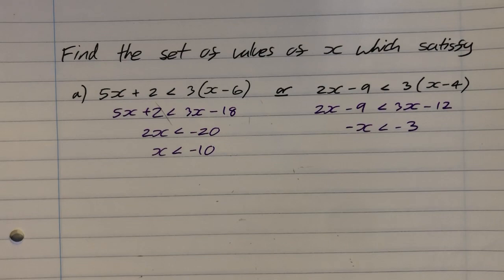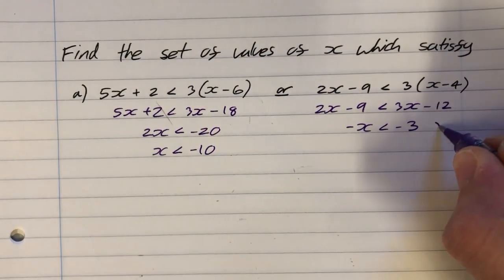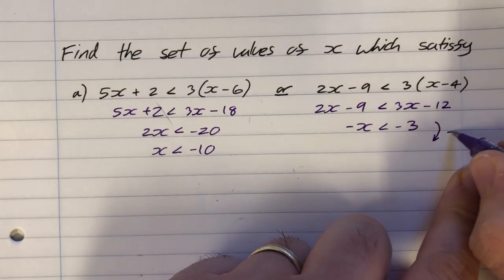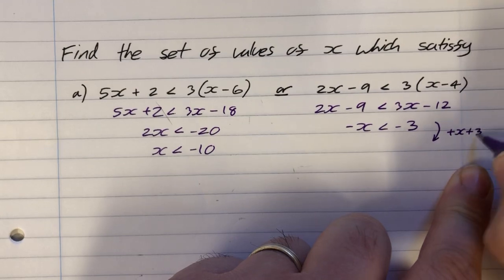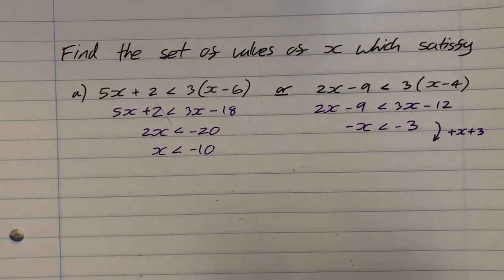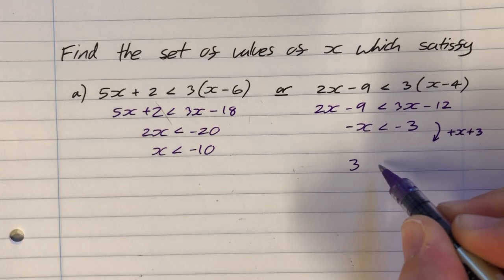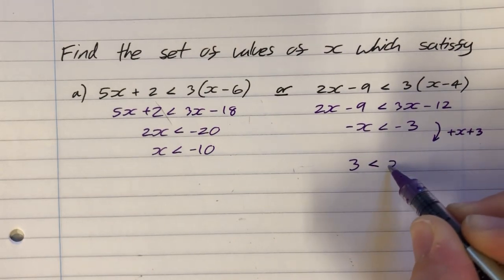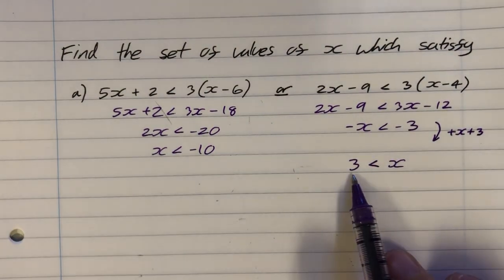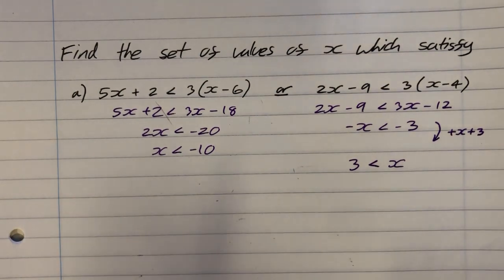So you could do that and change the direction. But what I'm actually going to do is I'm going to instead add x plus 3 to both sides of my inequality. And that's going to give me then a 3 on the left and an x on the right. So I've now got 3 is less than x, or equivalently, x is greater than 3.